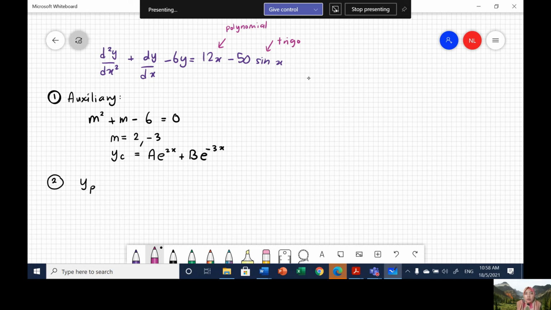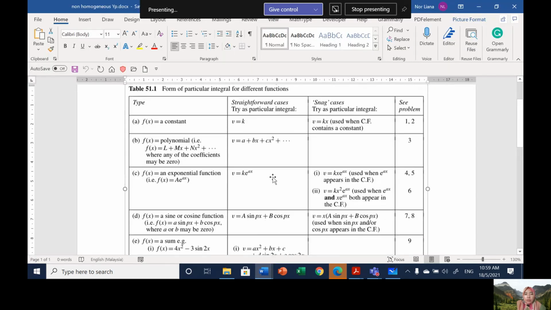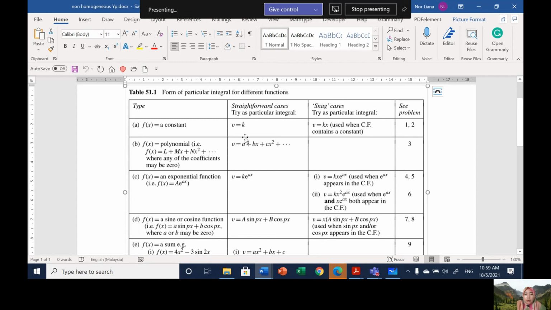In our polynomial, we start with the polynomial for yp. We are going to use a plus bx.